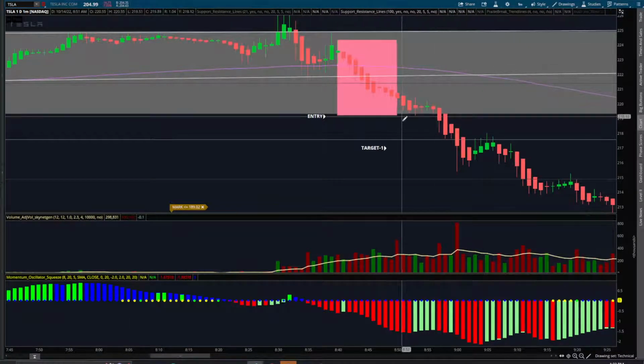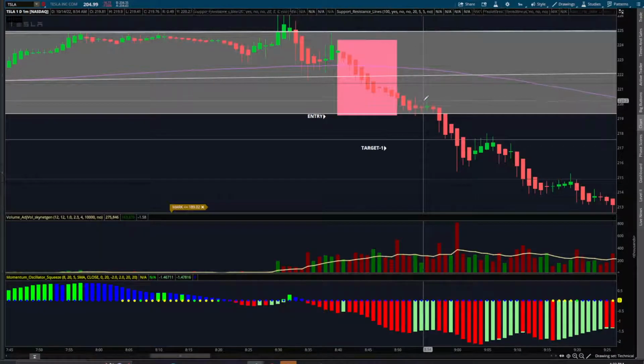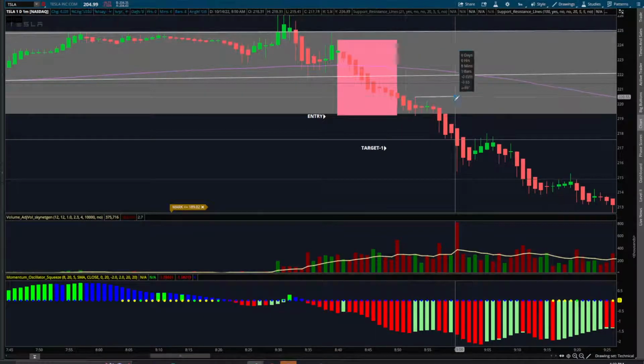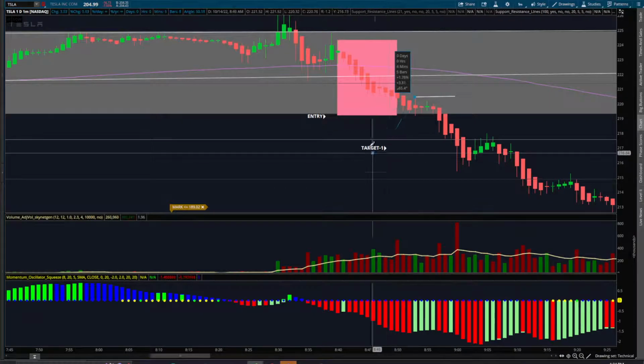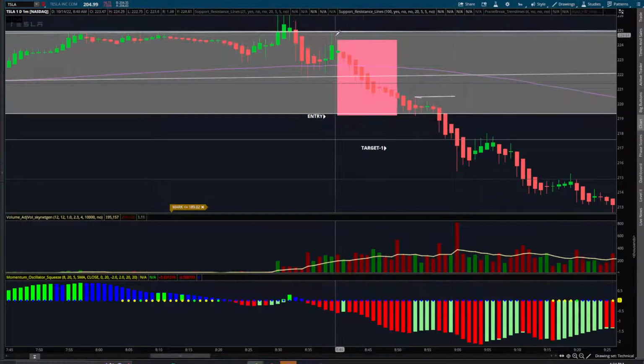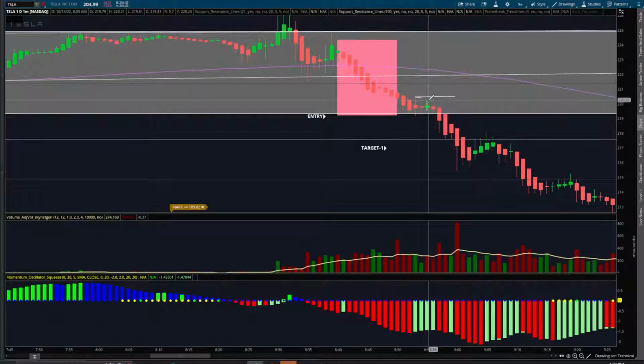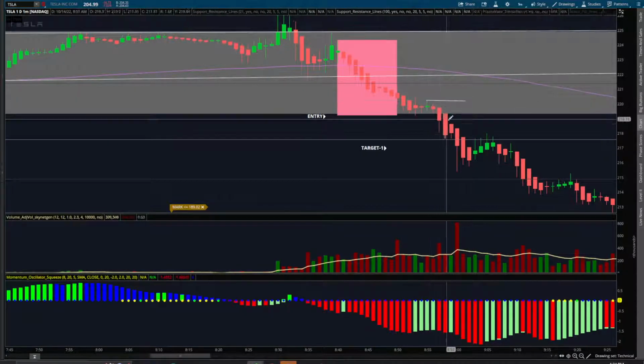This one didn't push that far up, but you can see the push all the way up to about right here, 220.25. So we came up about right here and then kept pushing down.